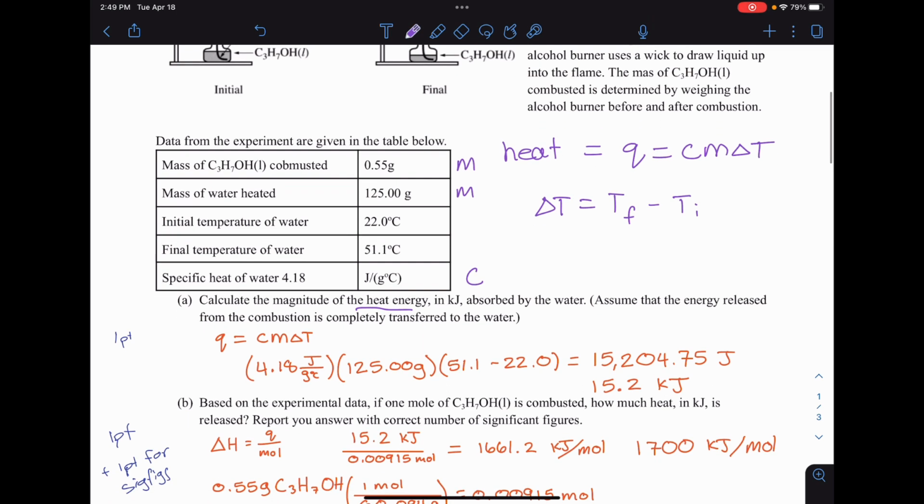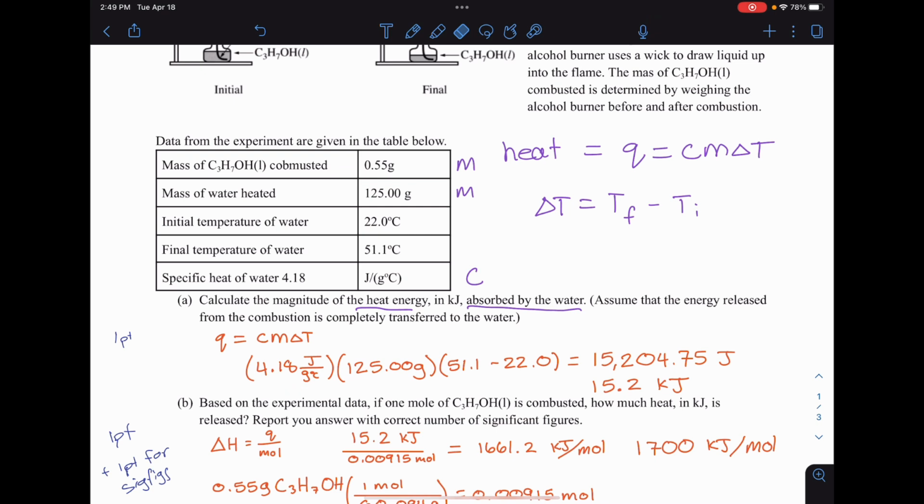So here's our equation. We have the specific heat. It's specifically talking about absorbed by the water, so all of the data we're going to use is going to relate to the water. So we have the specific heat of water, 4.18, the mass of water, and then the final temperature and the initial temperature. You can't mix up the mass of the propanol with the mass of the water. If you're going to use the specific heat of water, you have to have the mass of water as well.